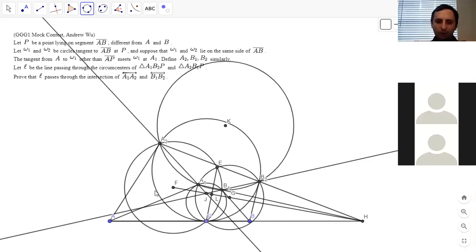We don't know it lies on this line, so I know it's a little confusing. What is the same inversion centered at H? It swaps these two circles, but it fixes this one. We want to show they're orthogonal.